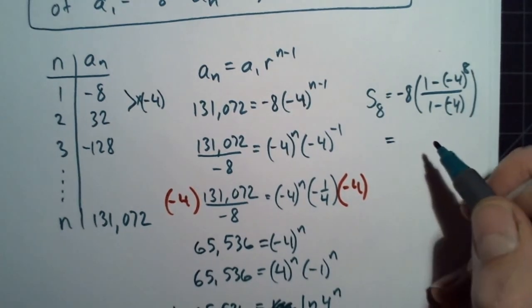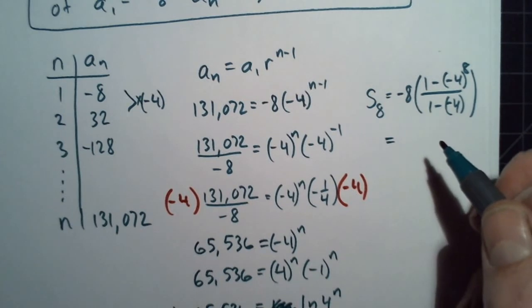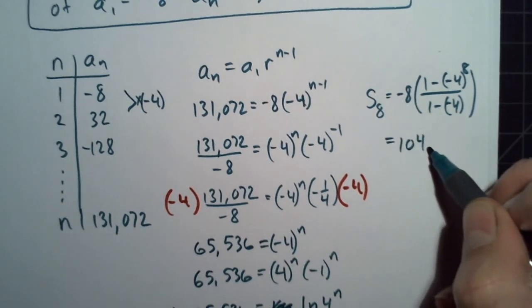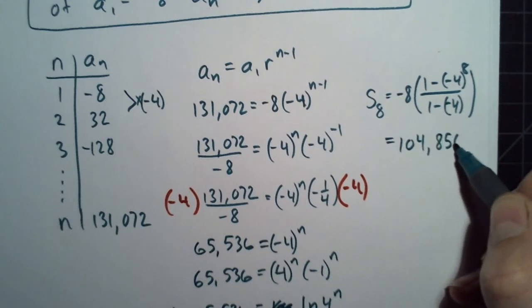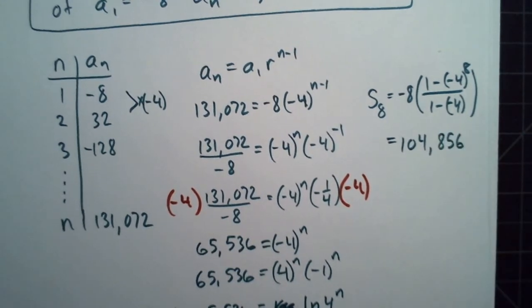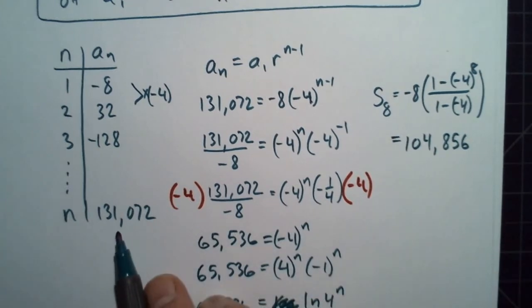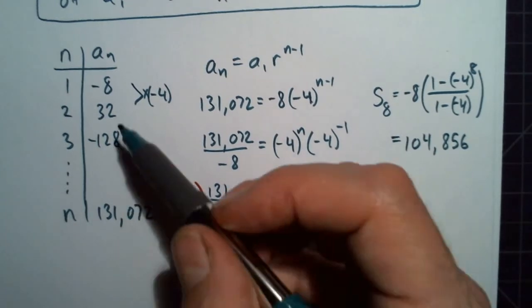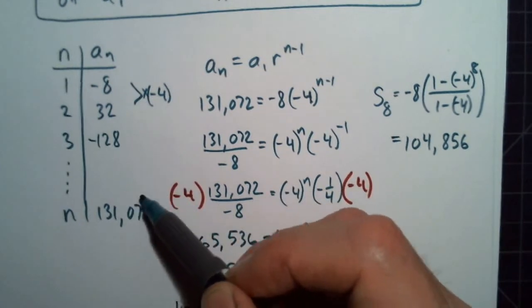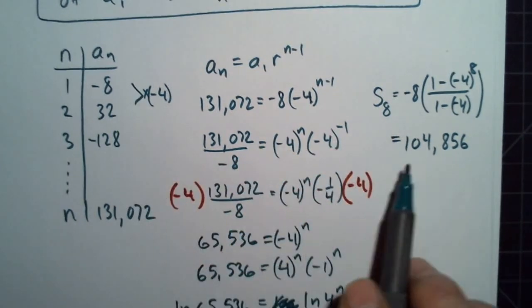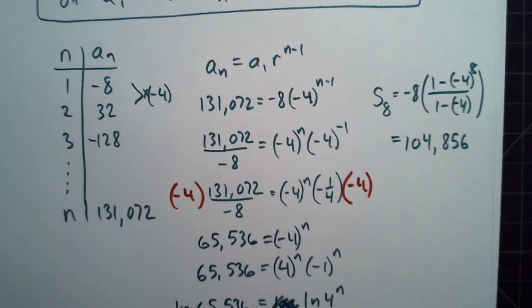And that gives us a sum that might seem unreasonable, being less than the last term, but remember that we are alternating the sign, so the sum can be and will be less than the last term.